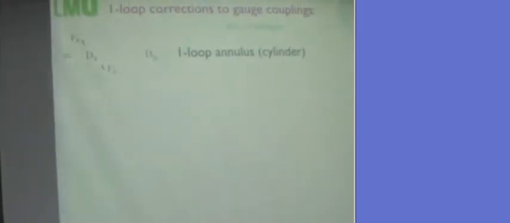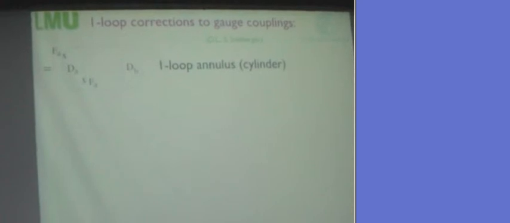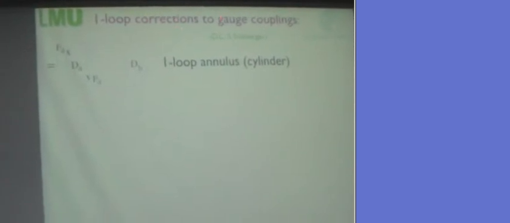So we can proceed after doing the tree-level computations and compute, say, also one-loop corrections to the effective action, say, to the gauge coupling constants. These are given by one-loop annulus or cylinder diagrams. Say we have this kind of worldsheet topology with two gauge field insertions at the boundary.